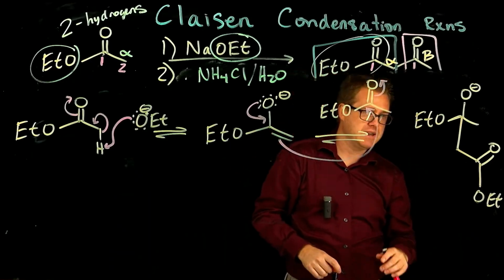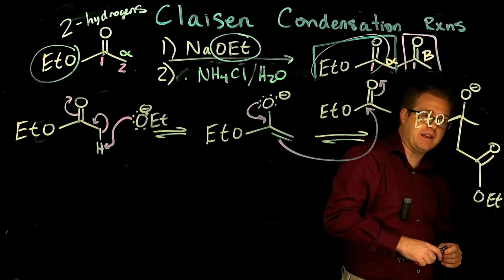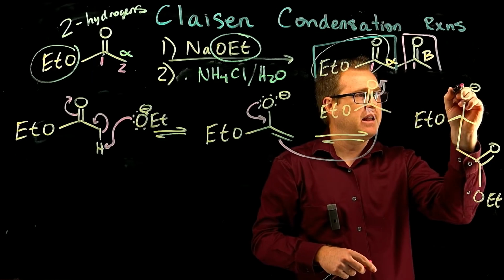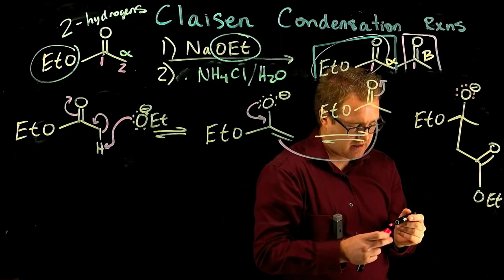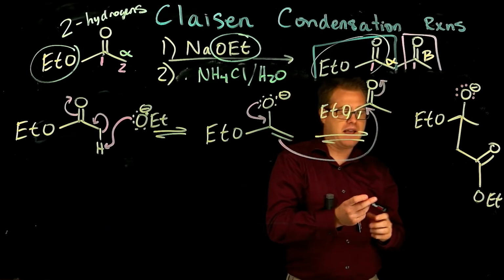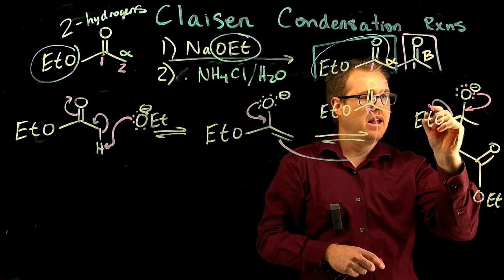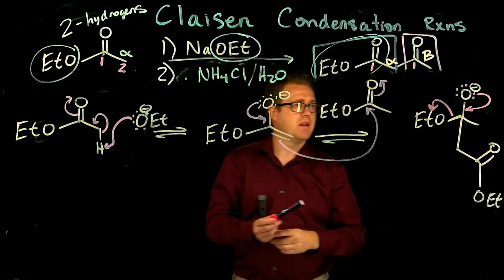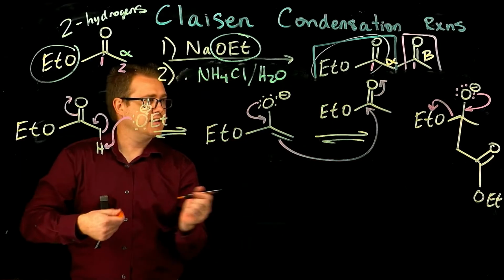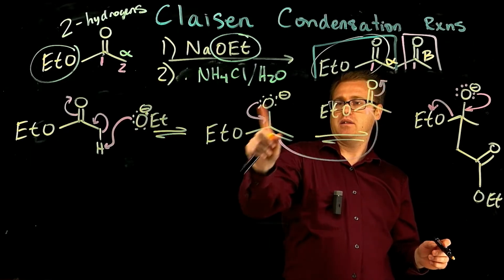So one of these guys is going to be kicked off. So which one do you think it's going to be? Well, it's going to be the one that has this negative charge on that oxygen, because there's our tetrahedral intermediate, and this guy can collapse back down and kick that guy off. So let's linearize this a little bit and make, so there's what?